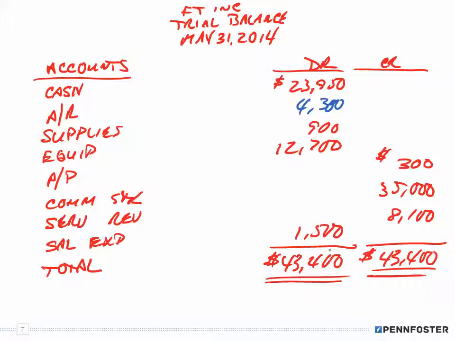So my total would not be 43,400. My total would be 43,350 here. Now, if I did the math and I came out with these two numbers, and I can't find my mistake, and I went back and said to myself, okay, I can't get it, so let me just make this, because I know they have to be equal, let me make them equal at 43,400.